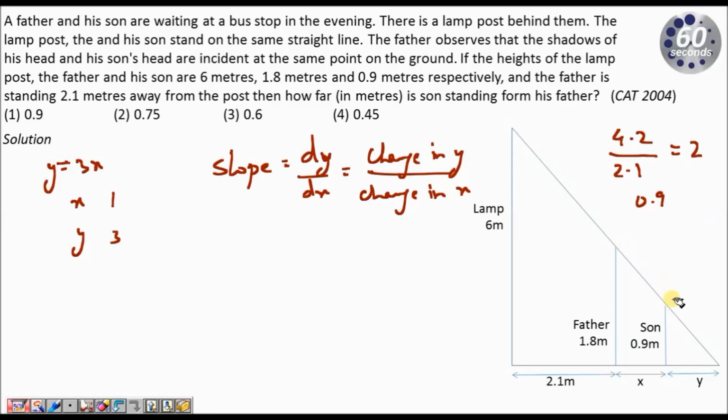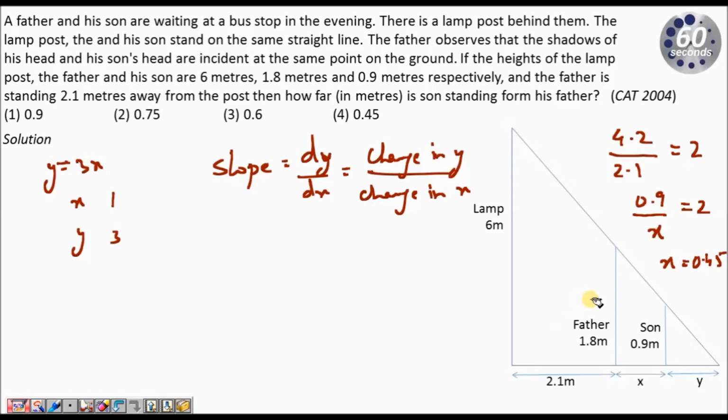So the change in y is 0.9. And I don't know the change in x coordinate, which is x. But I know this will be equal to the slope, which is nothing but 2. So from here I get x as 0.45.